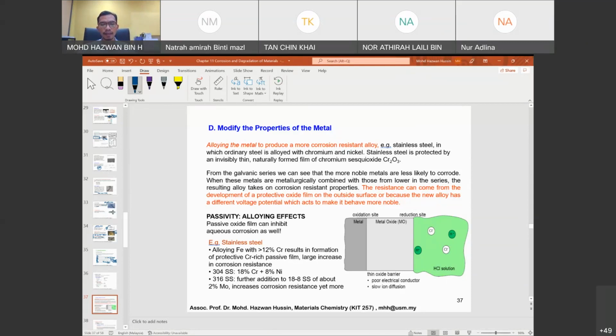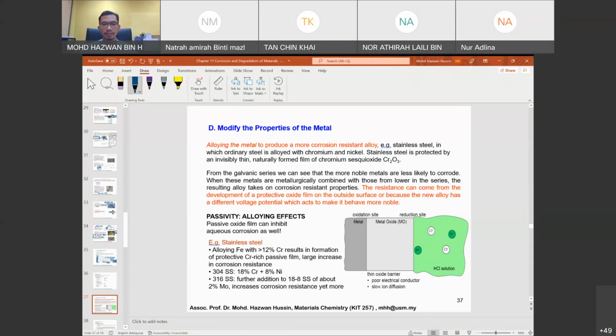Okay, and we have seen a lot of examples on stainless steel, and we know that alloying iron with more than 12% of chromium will result in the formation of a protective chromium-rich passive film, which results in a large increase in corrosion resistance. And as you can see from there, different grades of stainless steel have different amounts of chromium doped.